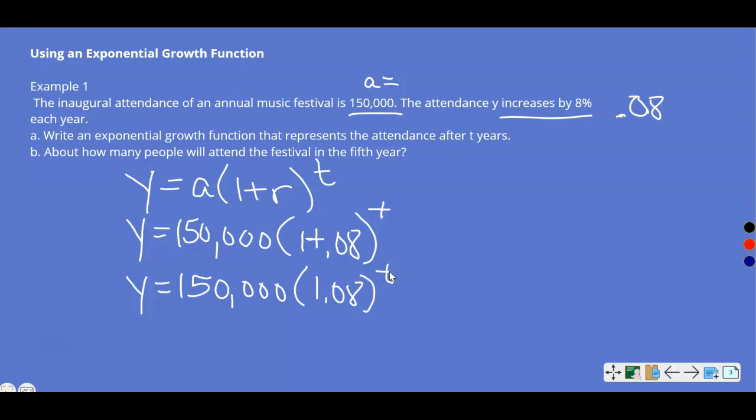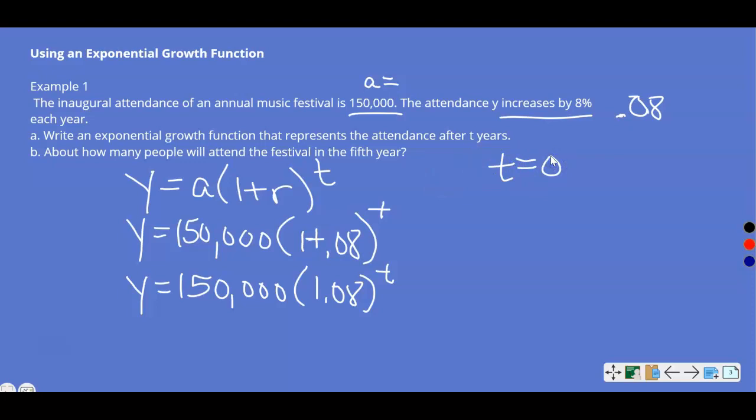And then it asks about how many people will attend the festival in the 5th year. If we want to know how many people attend in the 5th year, all we have to do is substitute in for t. Actually, we're going to start with t equals 0 as our first year because that's our initial value, our y-intercept.